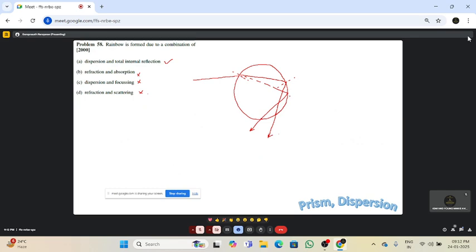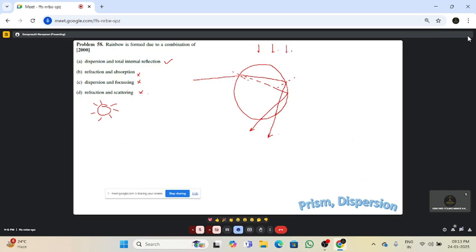So that means you have dispersion, total internal reflection, and refraction. Everything will be there. The sun should be on this side, and the water particles here.